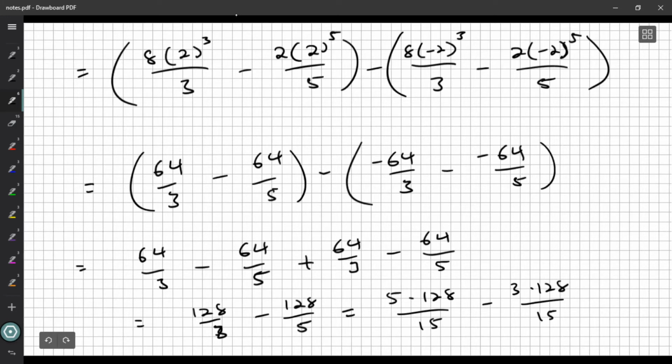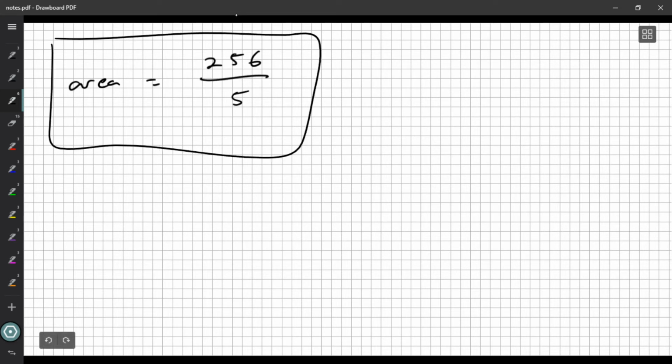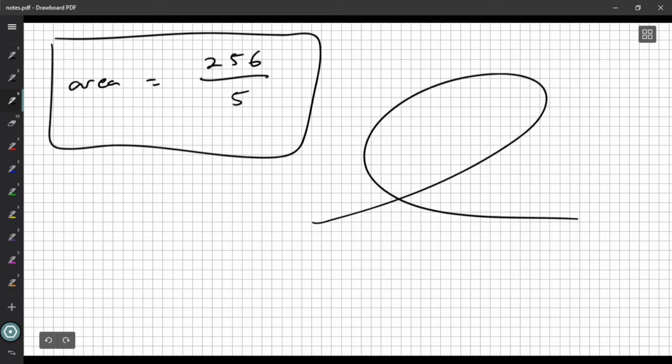I haven't simplified the 5 times 128 because it's the same thing on top, so subtracting these we'll get 2 128s over 15. And so the area is going to be 2 times 128, or 256, over 5. And that is the area for the particular loop in our curve.